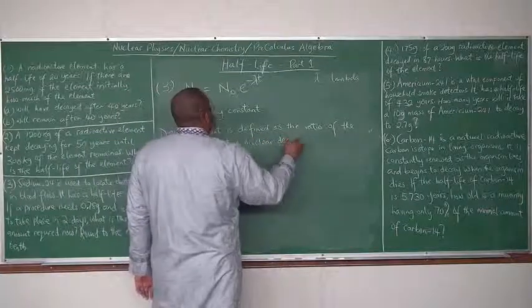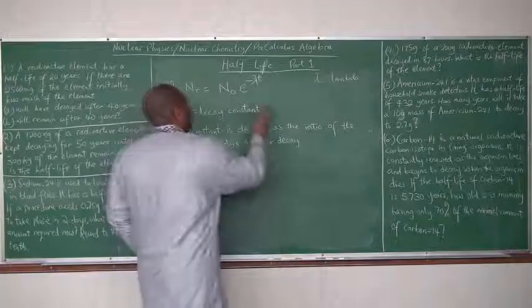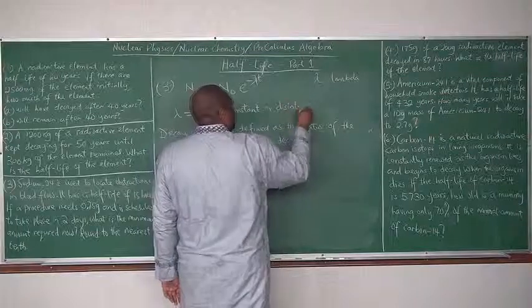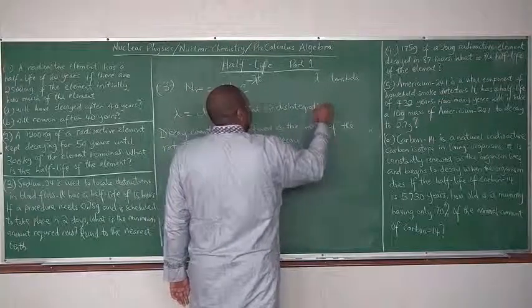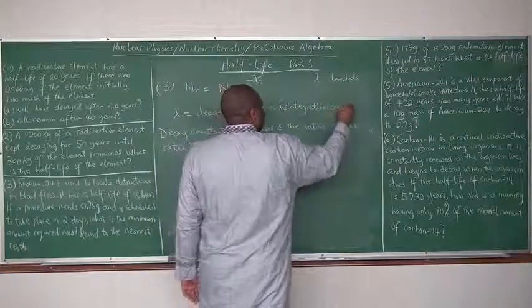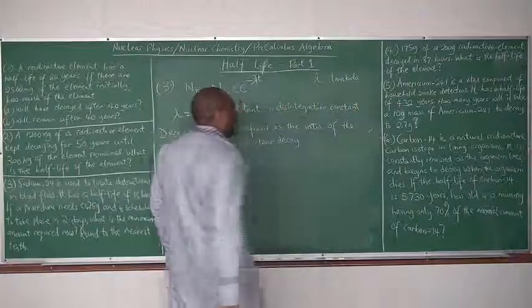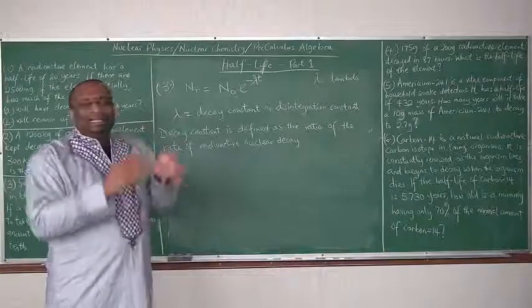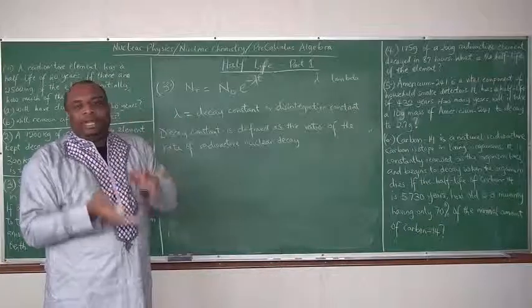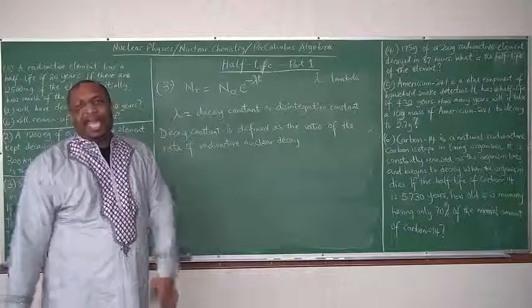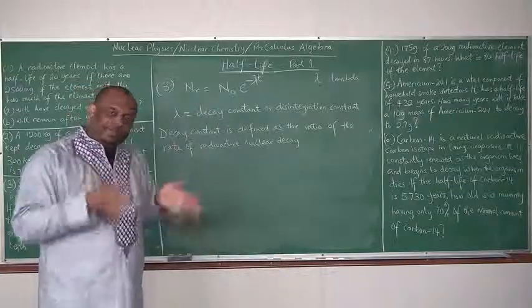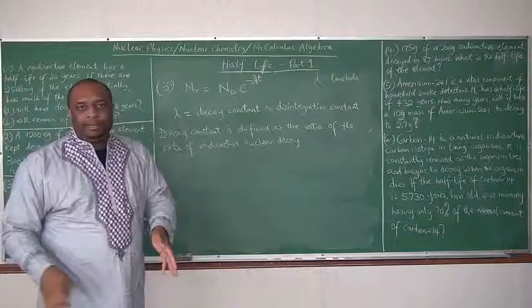We call it decay constant or disintegration constant. Some textbooks might have it as a radioactive constant. This is the amount of radioactive element decaying per unit time all over the amount of radioactive substance remaining.